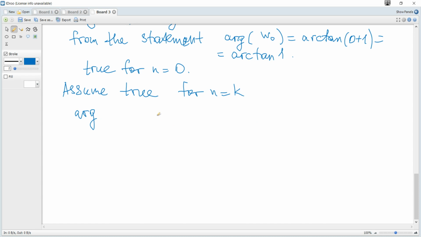But since n is k, we write argument of wk is equal to arctangent of k plus 1.